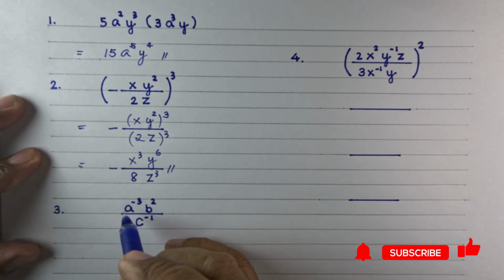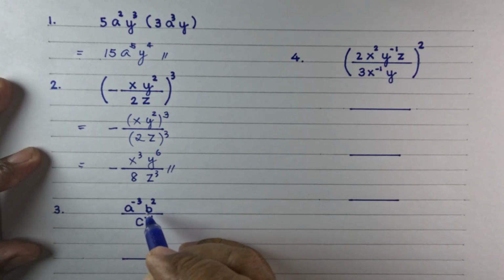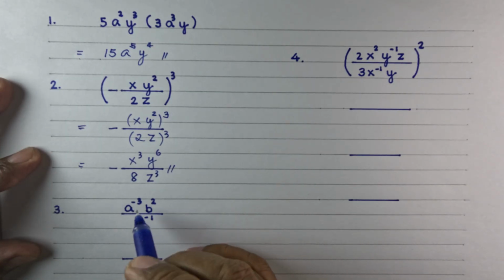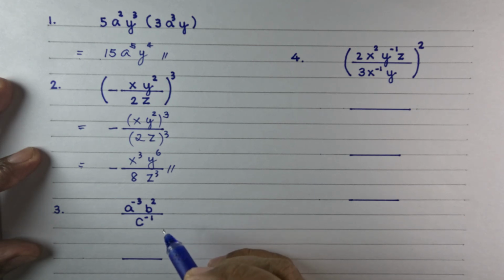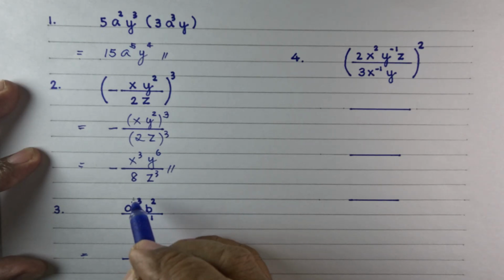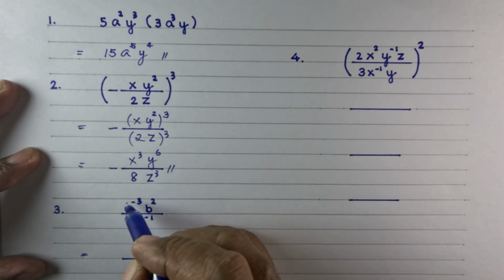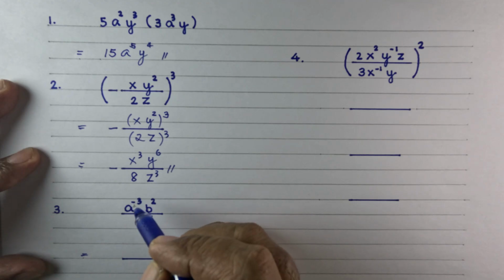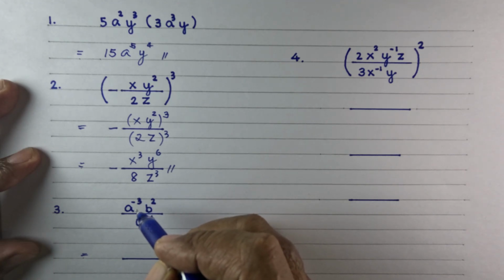Now how about this? A to the minus 3 b squared over c to the minus 1. Now the negative exponent is simply the reciprocal indicator.